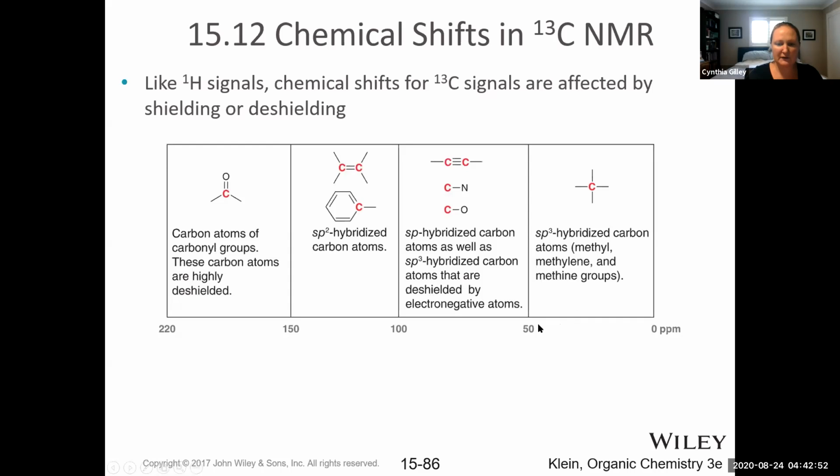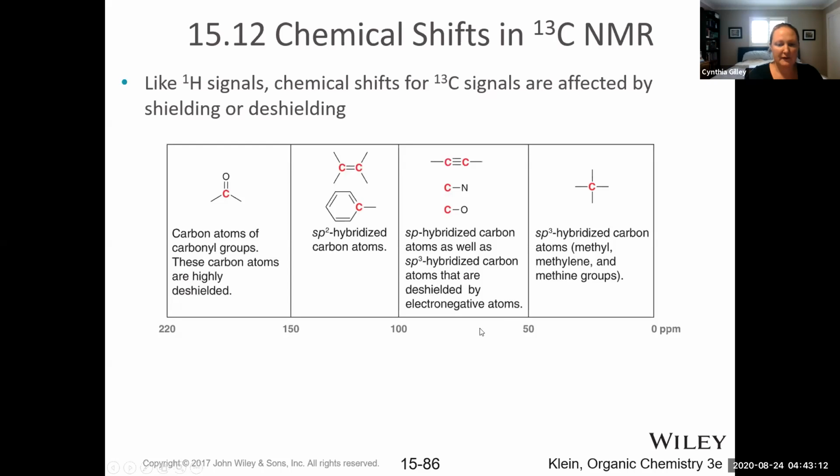So from 0 to 50 ppm, that's where we're going to find our sp3 hybridized carbons. And those are the ones that are not attached to an electronegative atom. So they're likely attached to other carbons or hydrogens.